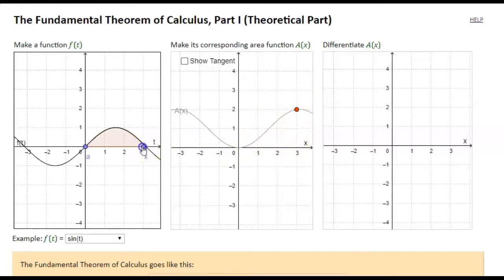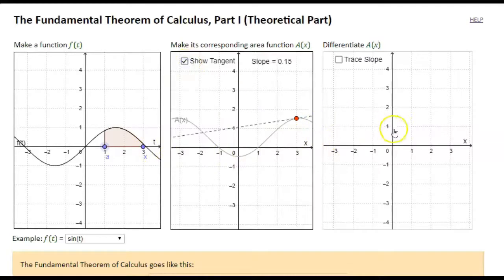Okay, so as I move this to the right and left, the red dot is telling me what the area is. The y coordinate of the red dot is telling me the area. All right, okay, so let's move this back where it was, I think it was there. So let's go between 1 and 3.